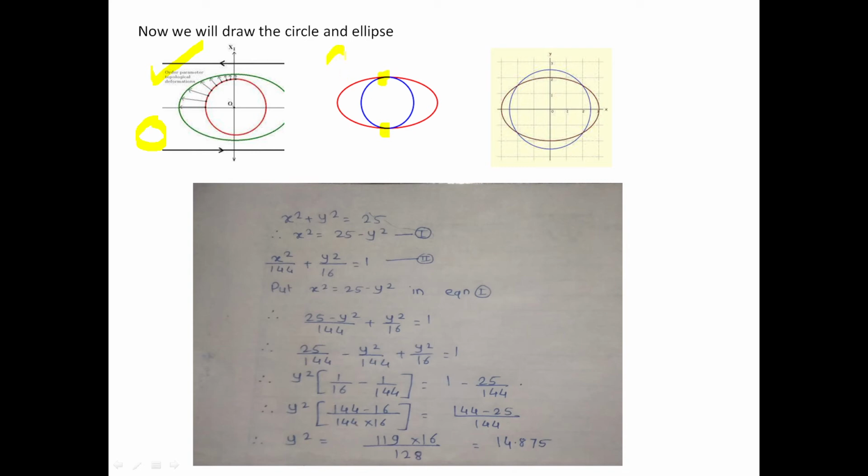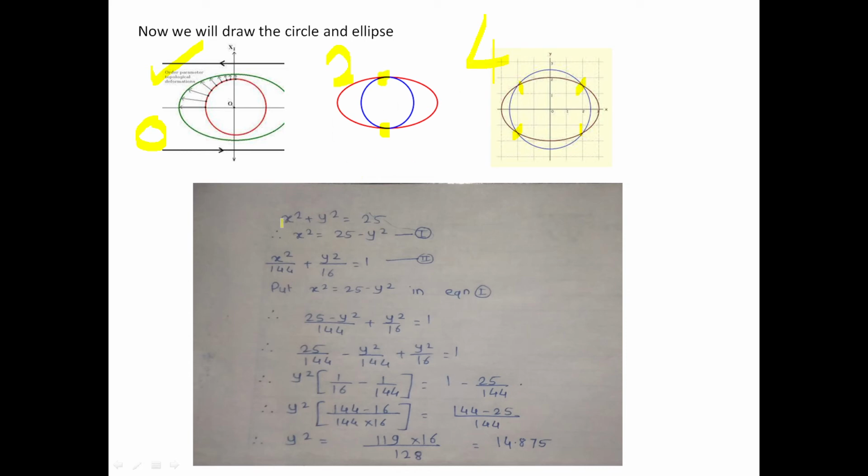And the third case is where the ellipse and circle intersect at 4 points. So our answer can only be 0, 2 or 4. So how do we find the total number of points? Just solve the equations.